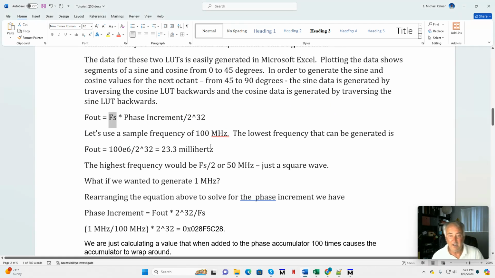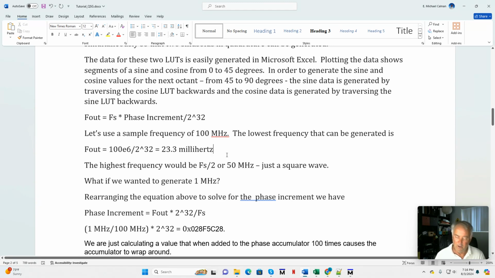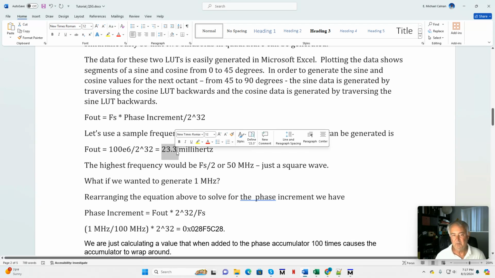We could clock it higher depending on the logic you're implementing this in. But if our F sub S, our sample rate, is 100 megahertz, we have a resolution of 23.3 millihertz. So if our phase increment is 1, we'll get 23.3 millihertz.